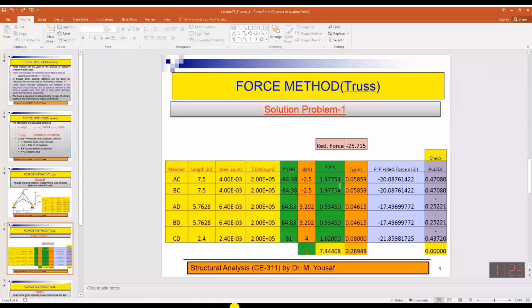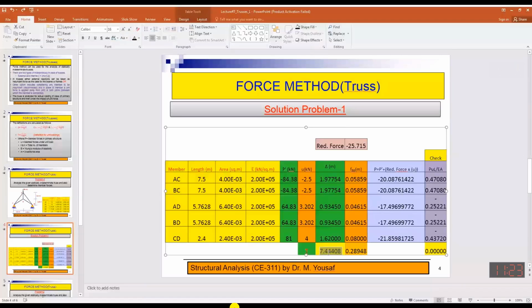After that you can calculate FBB like this one. It means you will be multiplying twice. U square 2.5 into L over AE. It will be giving you this value, this value, and this value. And you just sum it up. This is the summation, and you will be getting the total deformation, that is equal to 7.4 CR.